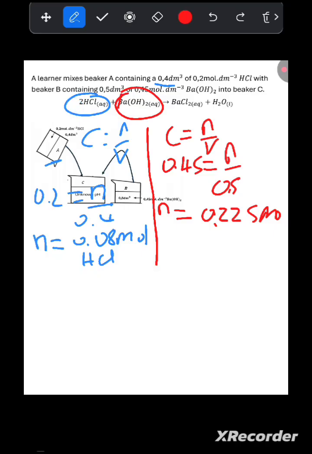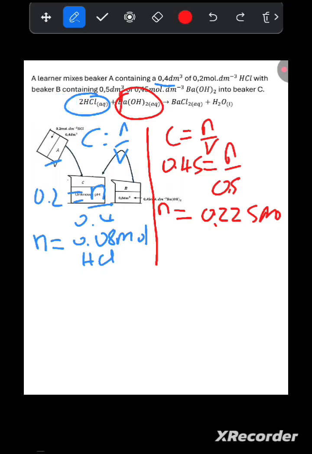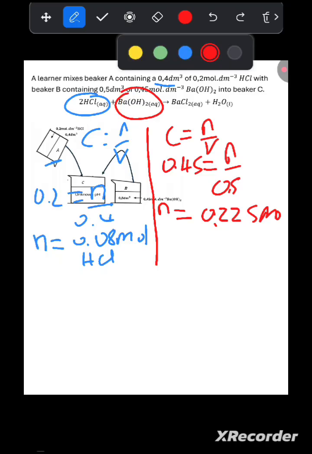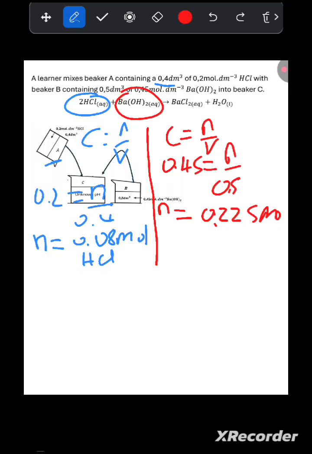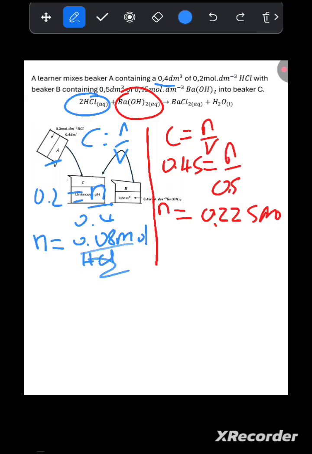The coefficient of barium hydroxide is 1. So these number of moles I divide by 2, and these ones I divide by 1.